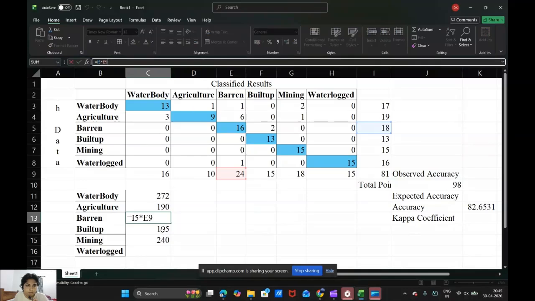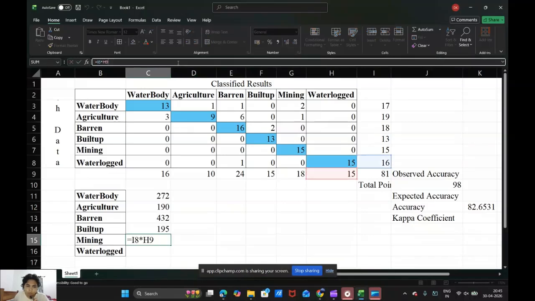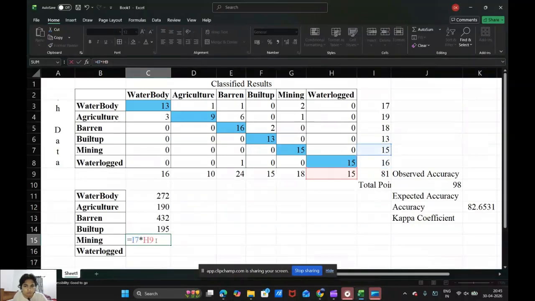This is correct. Built up is correct. Waterlogged. So this should be I7 and this should be G9.